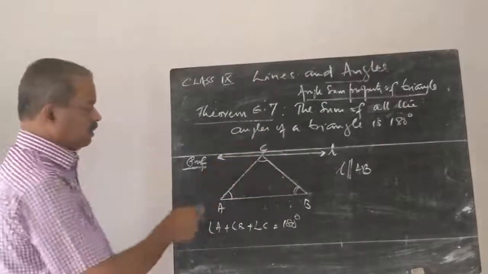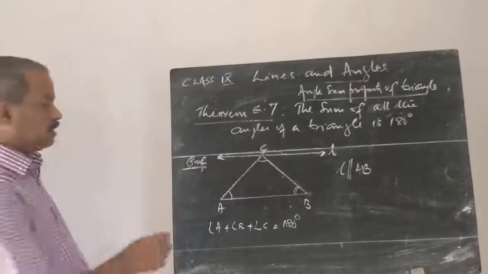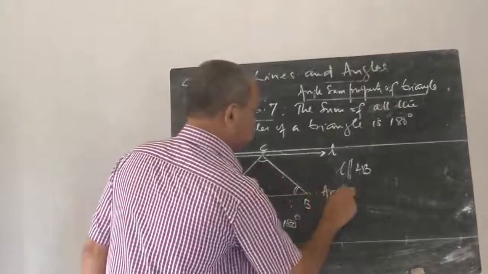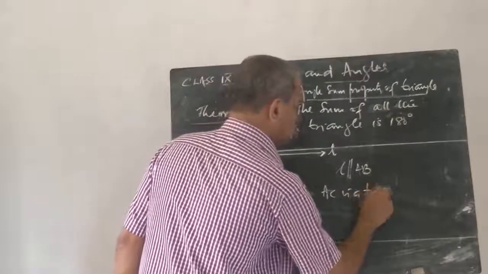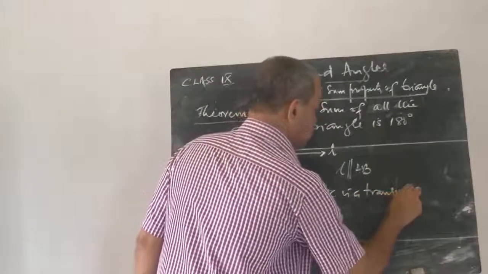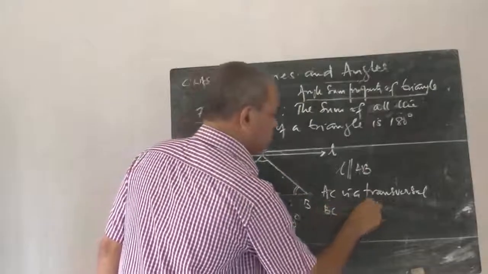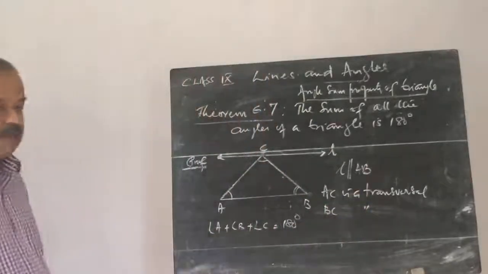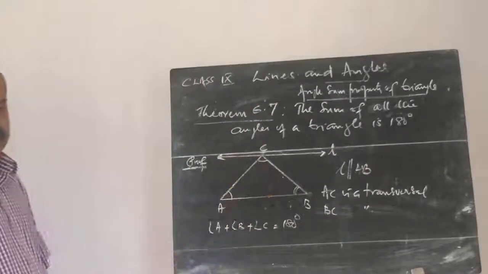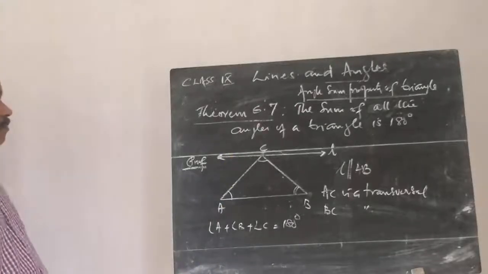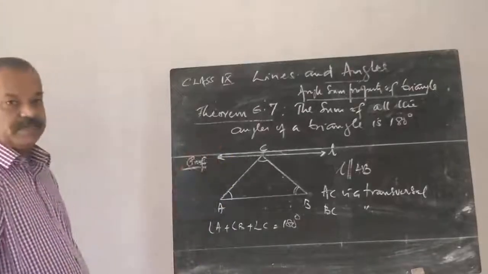What about AC? AC is a transversal. What about BC? BC is also a transversal, another transversal. AC and BC are transversals. Now, what are the angles formed here?